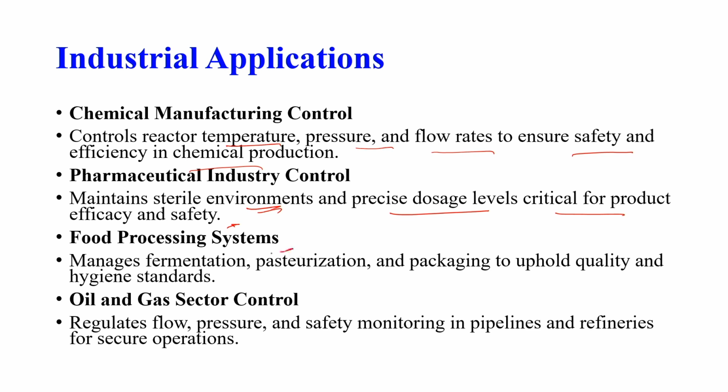In food processing, it manages the fermentation, the pasteurization, and the packaging to uphold quality and hygiene standards. In the oil and gas sector, it regulates the flow, pressure and safety monitoring in pipelines and refineries for secure operations.